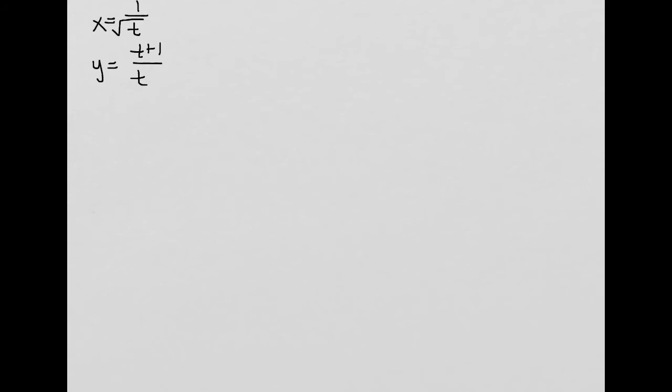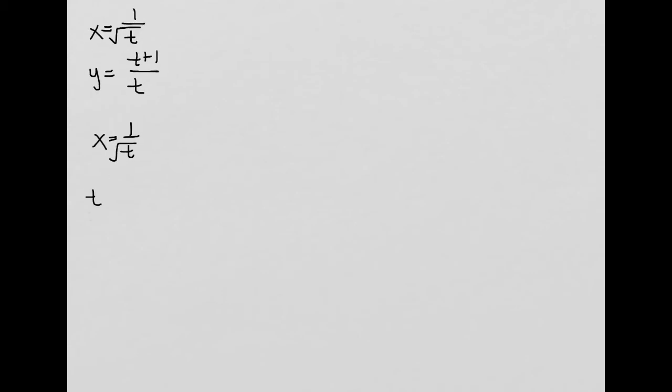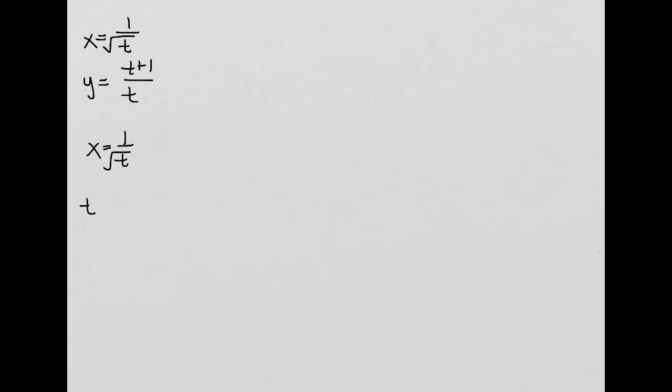So I end up with the square root of t times x equals 1. I'm going to divide both sides by x, so the square root of t is equal to 1 over x, and then I'm going to square both sides, so t equals 1 over x squared. Okay, and that works out great.